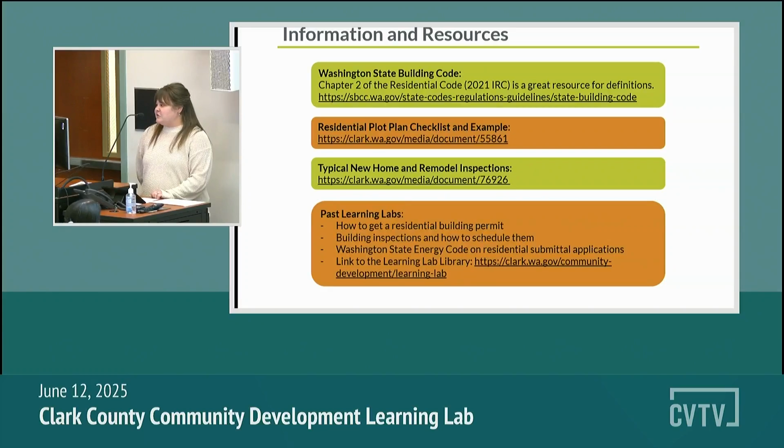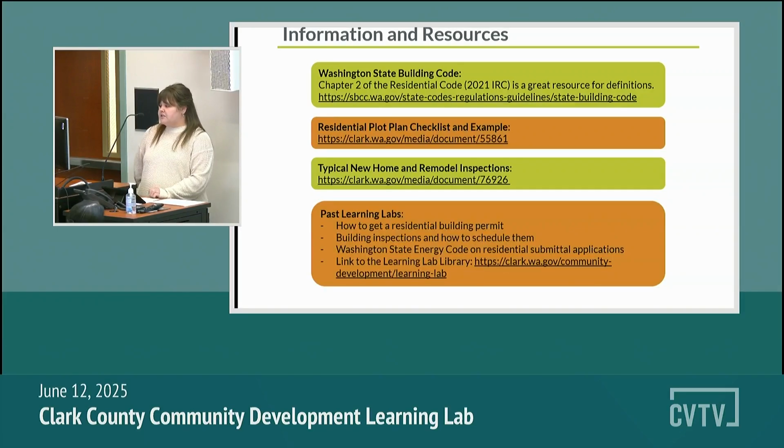We're going to touch on the residential plot plan, the importance of all the information on there. So we've included a link to the plot plan checklist and example. We also created a document that outlines the typical new home and remodel inspections. So if you're looking for a great guide of the general inspections that will be requested throughout the process of your project, check out that document.